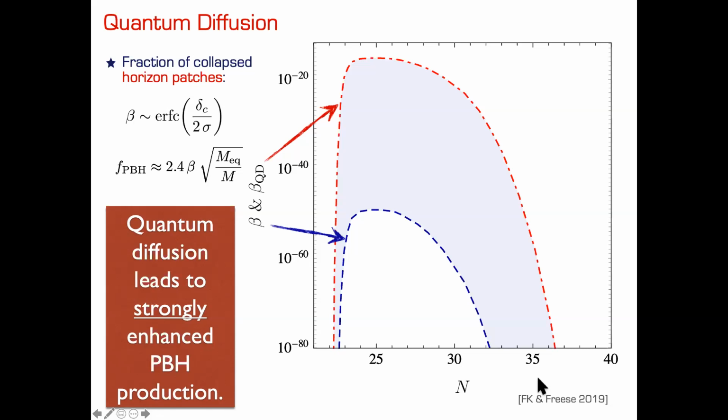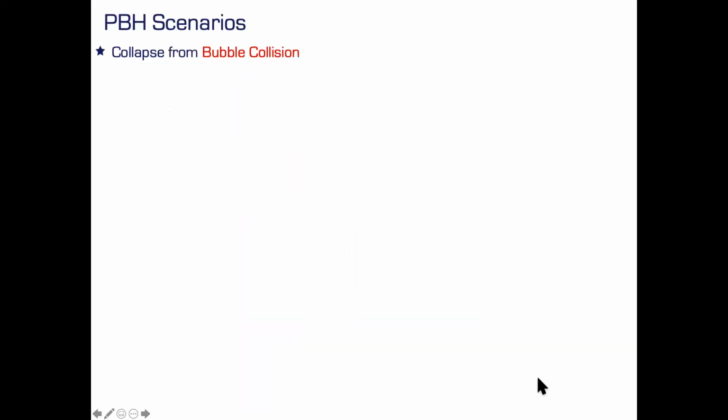Now, this was all for inflation. But now you can also produce primordial black holes by many other scenarios. And one scenario is when you have phase transitions, like first order phase transitions. What would happen in first order phase transitions? You nucleate bubbles, with regions which keep expanding and where you go to the new vacuum, and these regions can have a certain dynamics.